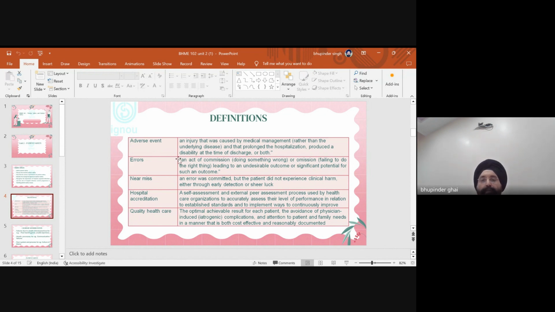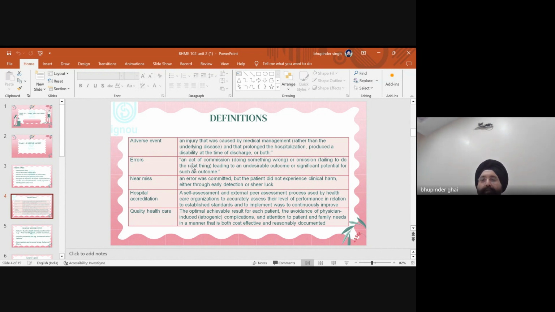So act of commission means the patient is admitted into the hospital and some procedure is wrongly done on the patient. Then it is called act of commission. An act of omission is, for example, he was admitted for appendicectomy, but his appendix was not treated, and his toothache was treated instead.